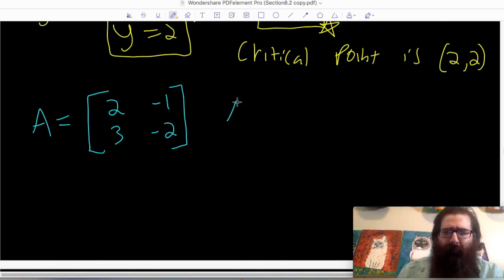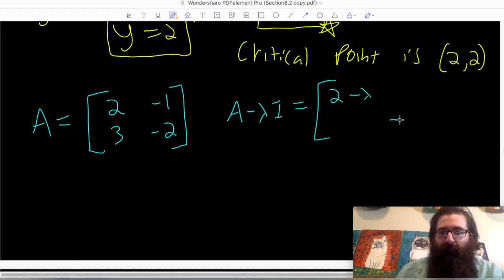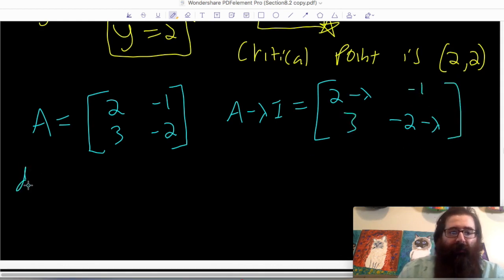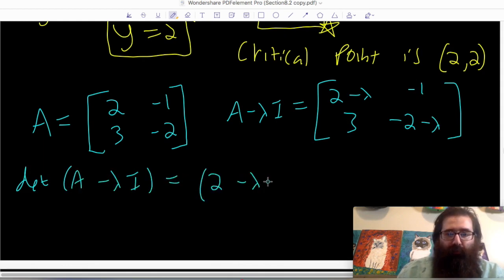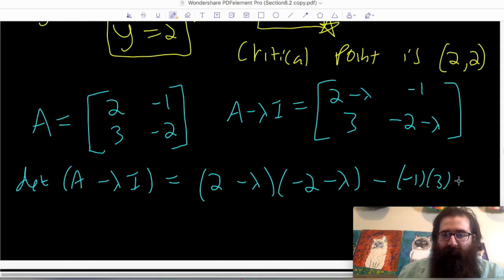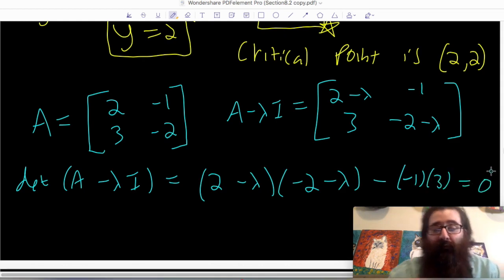I build A minus lambda I, subtracting lambda on the main diagonal and leaving those other entries alone, and then build the determinant of A minus lambda I. So (2 minus lambda)(-2 minus lambda) minus (-1)(3), setting that determinant equal to 0.